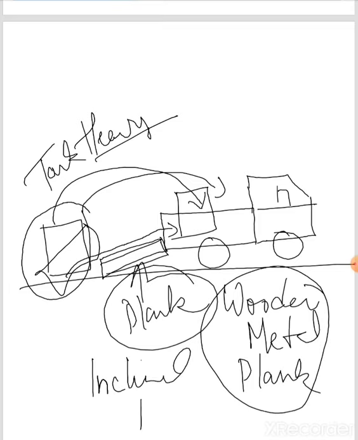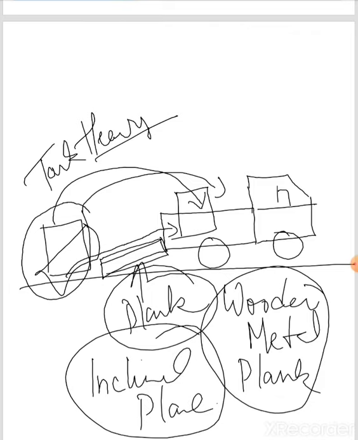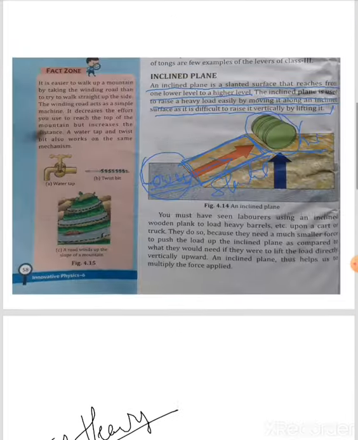inclined plane. So inclined plane helps you to raise something from the lower surface to the higher surface in a much easier and more convenient way. So this kind of plank or a wooden surface or a plane is called inclined plane. Alright, so let's see again here.